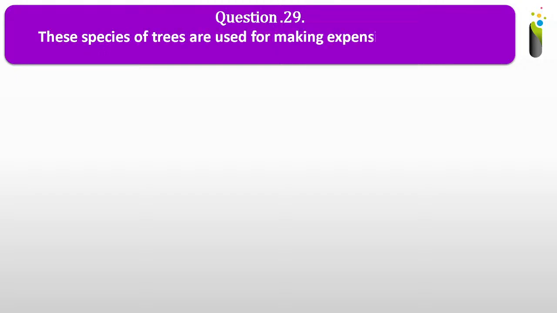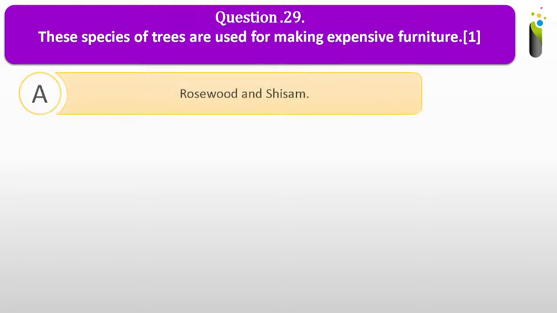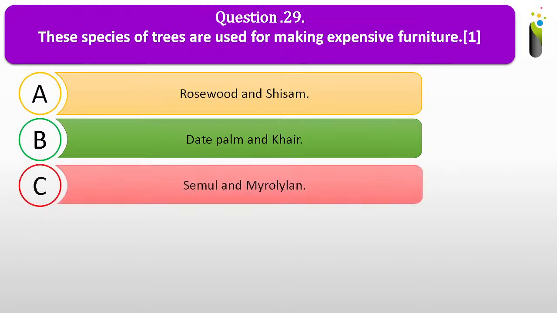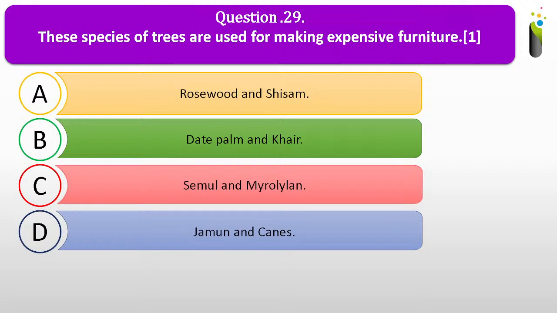Going ahead to question number 29. These species of trees are used for making expensive furniture. A. Rosewood and shisham. B. Date palm and cane. C. Semul and myrobalan. D. Jamun and canes.